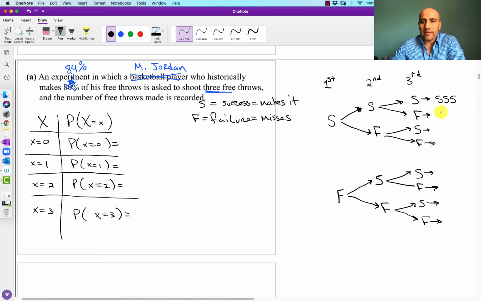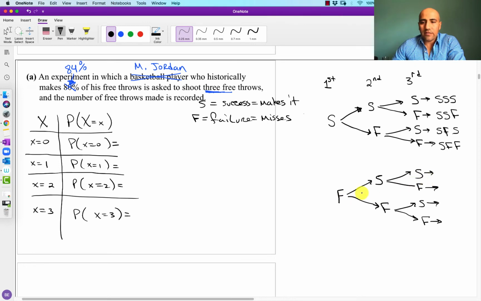So this one would be the case of S, S, F. And then in this direction over here, this would be the case of S, F, S. And then over here, this would be the case of S, F, F. He makes the first one, fails the second, fails the third.